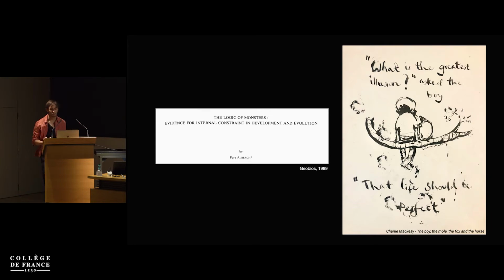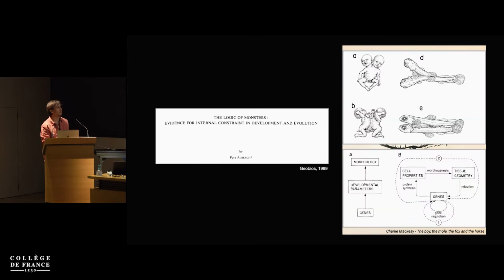So I always like to go back to this essay by Pere Alberch, The Logic of Monsters, where he essentially asked what we can learn about developmental constraints if we were able to fully understand how we get these monstrous constellations during development, such as conjoined twins or conjoined fish.